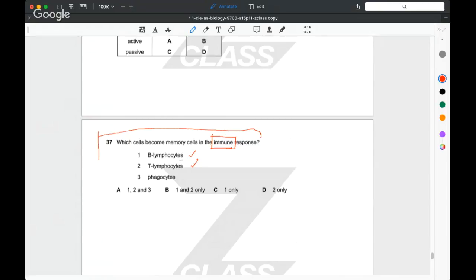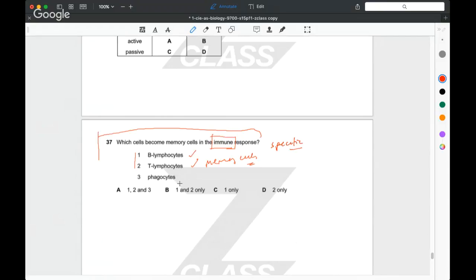And when they've been activated, then some of them are used in the immediate response to fighting the infection. But these activated cells can remain as memory cells. All right, so those two can remain as memory cells, and both of those are part of the specific immune response, aren't they?